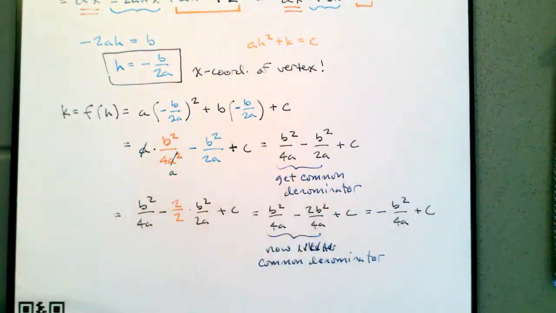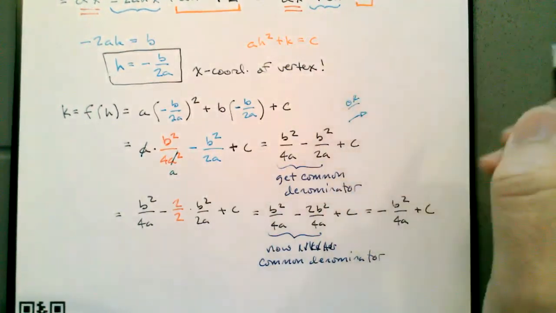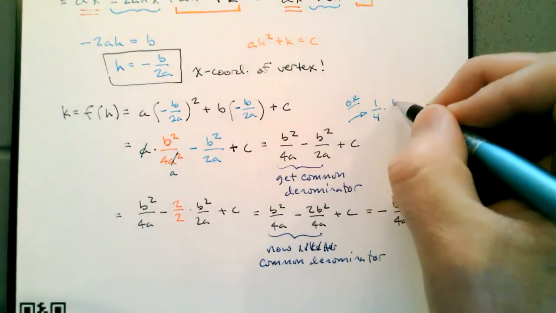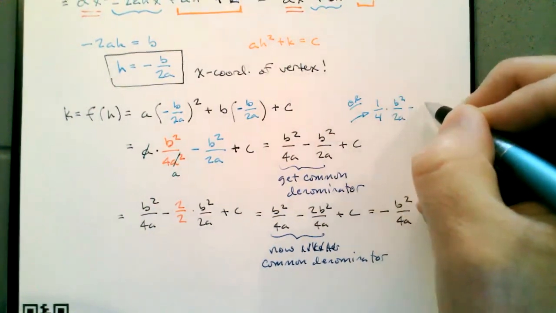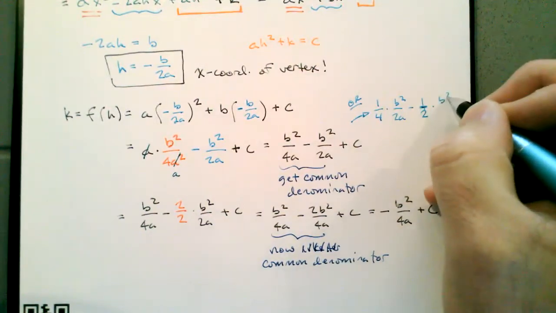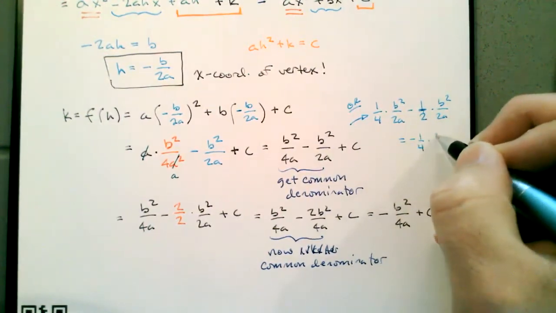We can also look at this and say if we have 1/4 of something minus a half of that thing, we'll have minus 1/4 of that thing. So that would be an alternate view of what's going on here. To help us see things differently, 1/4 of a thing minus 1/2 of that thing is minus 1/4 of that thing.